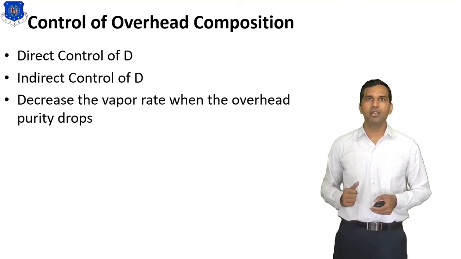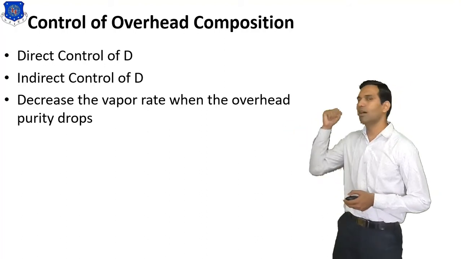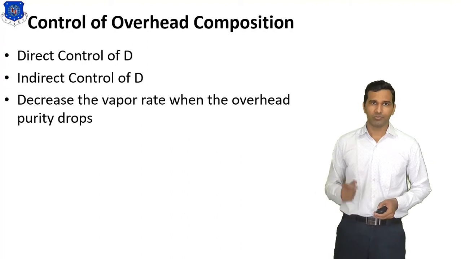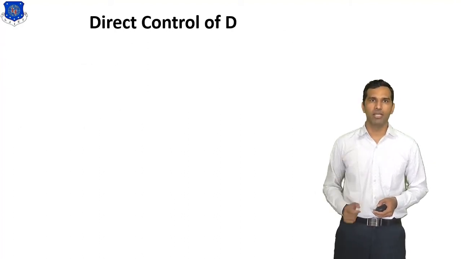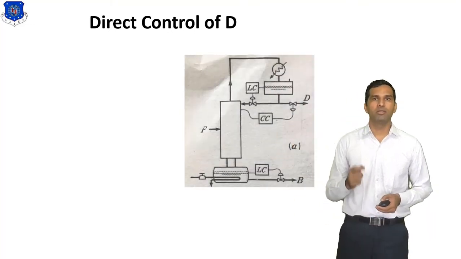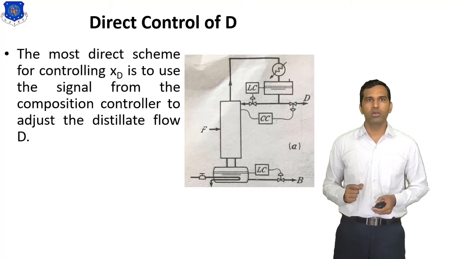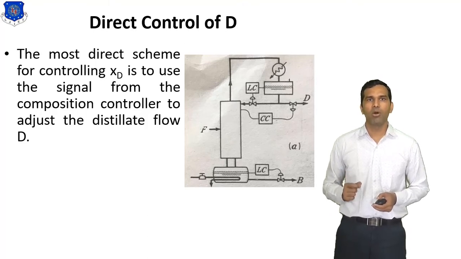Now we discuss them one by one, and we start with the first method, the direct control of D, that means distillate. Here you can see the diagram of this method. The most direct scheme of controlling XD is to use a single composition controller to adjust the distillate flow.